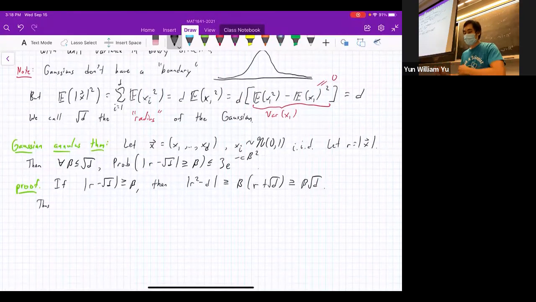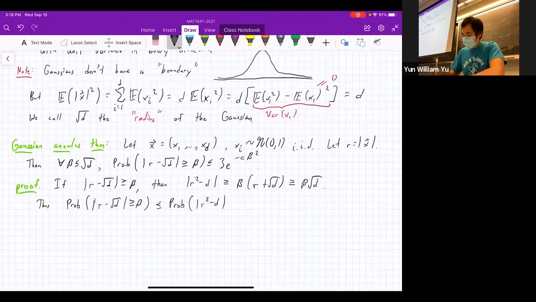And of course, this event, the probability that R minus root d is greater than or equal to beta, is less likely than this event, the probability that R squared minus d is greater than or equal to beta times root d. So if we're trying to bound one of the events, you can just bound the other one because of this inequality.